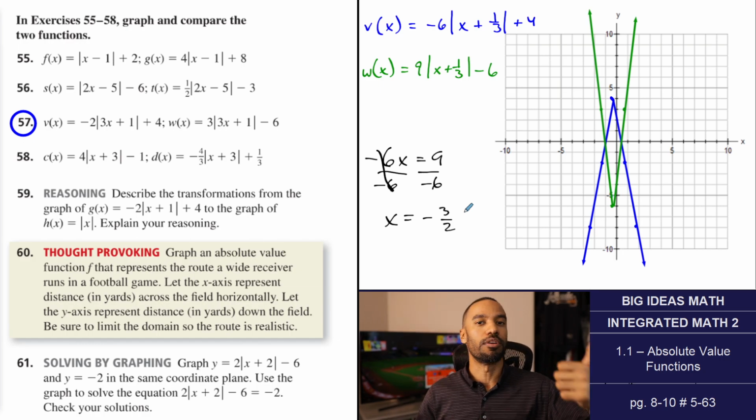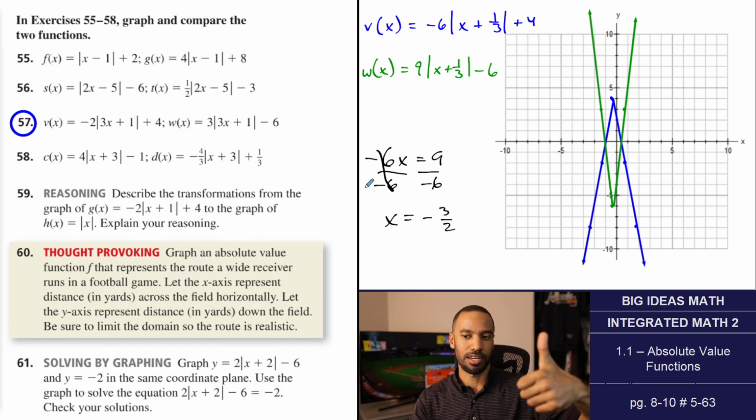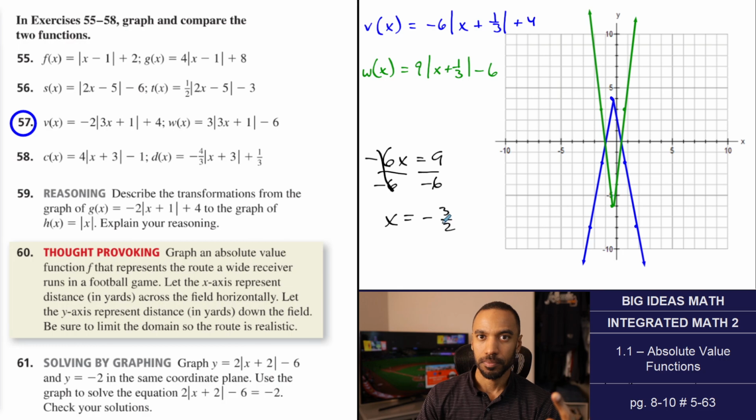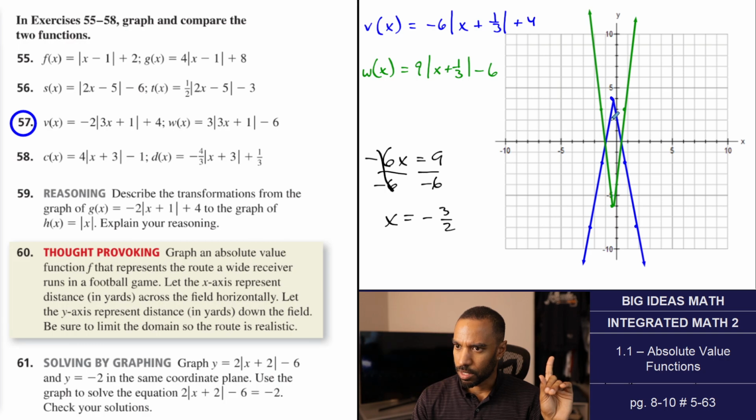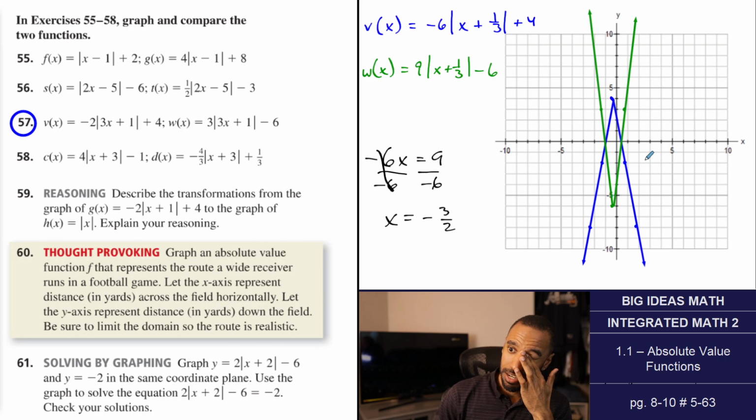So that's what we're going to say. Reflect over the x-axis. That's the negative part. Vertically stretch by a factor of 3 halves. No horizontal translation. And then we will translate from blue to green. 1, 2, 3, 4, 5, 6, 7, 8, 9, 10. 10 units down.